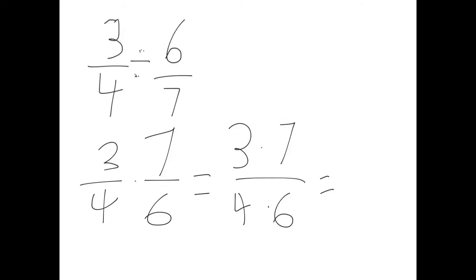What are those? That will equal 2 times 7 is 21 over 24. And hold on one second. Yeah, and that will be your answer. So there you go.